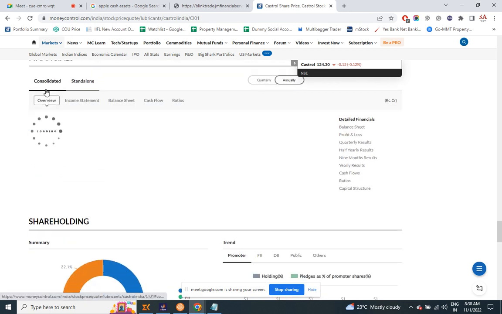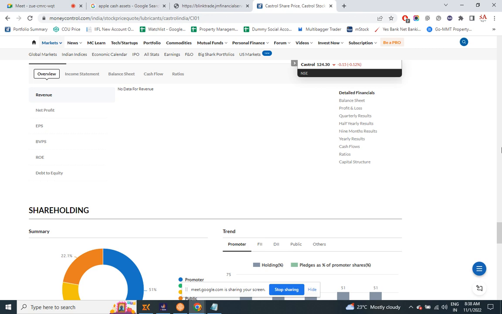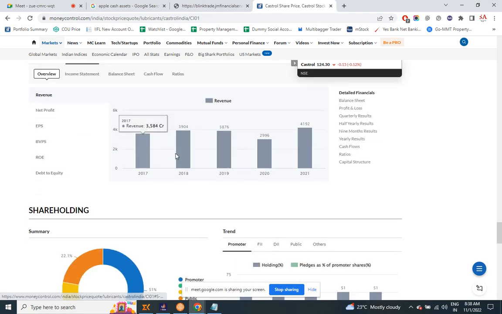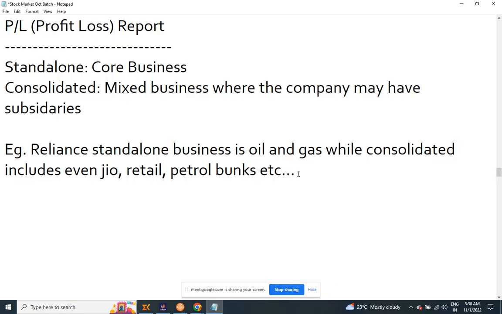See here, when I click on consolidated, I do not get anything. Only for standalone we are able to get. So hope it is very clear that a standalone business is only the core business, consolidated is mixed business.